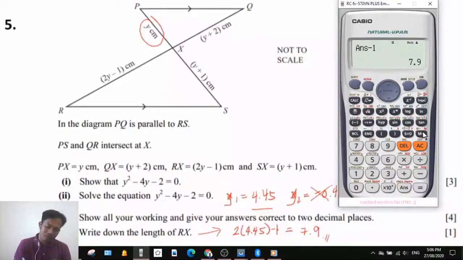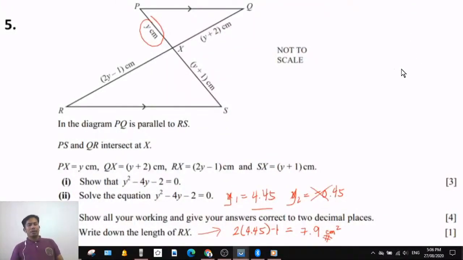Again, this is in square units and the unit is centimeters, so it's 7.9 centimeters squared.